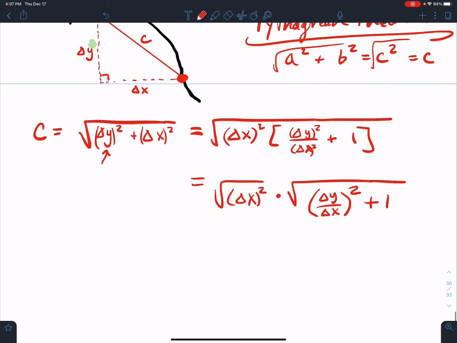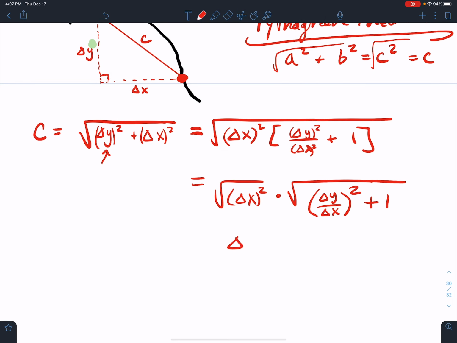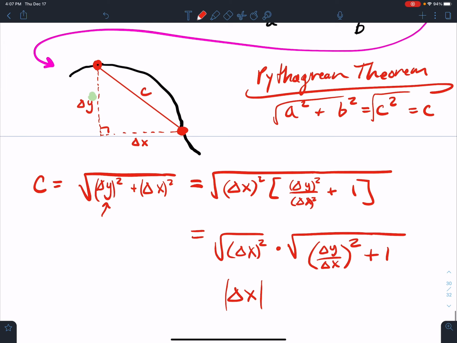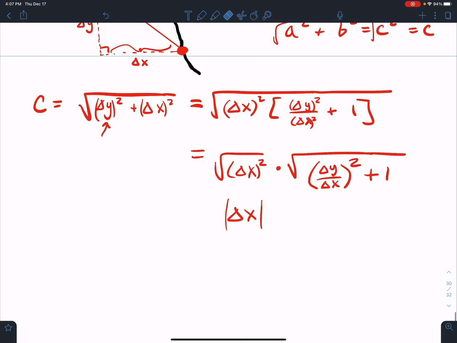The square root of the square is actually equal to the absolute value of delta x. But what do we know about the delta x? It's positive. That change in x is positive, so I can drop the absolute value.